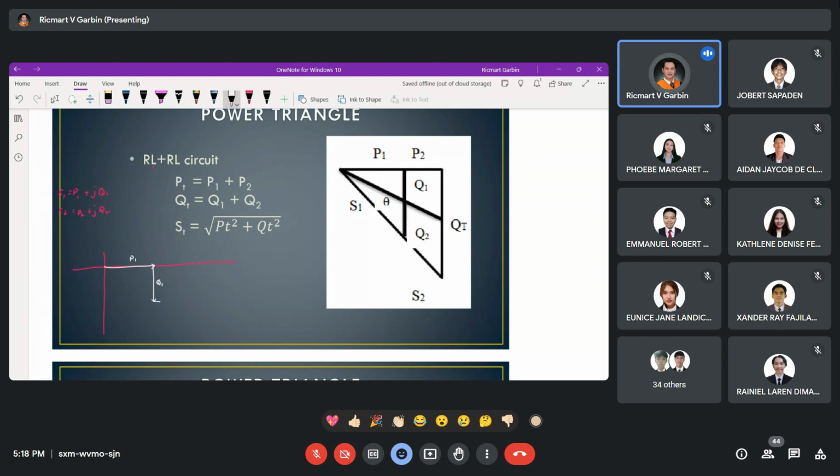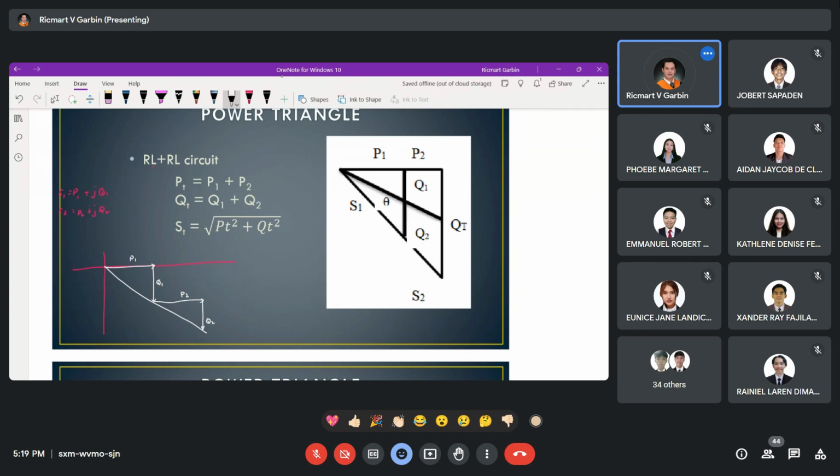Dadagdagan natin yan ng isa pang P. This is P2. Tsaka bababa yung isang Q2. Ito yung Q1, ito yung Q2. Basta parang i-add mo lang siya.